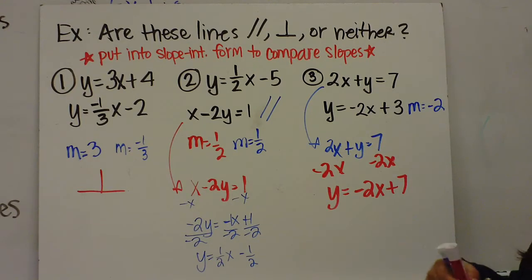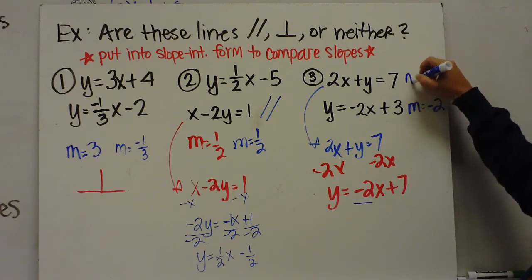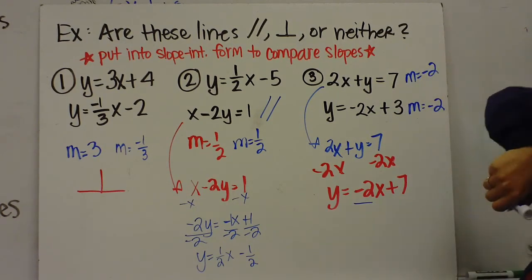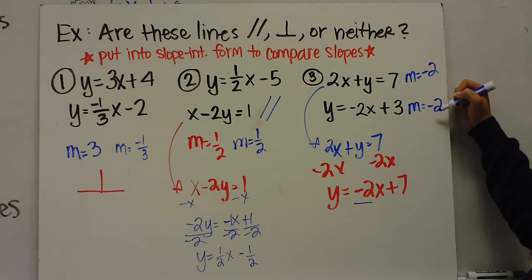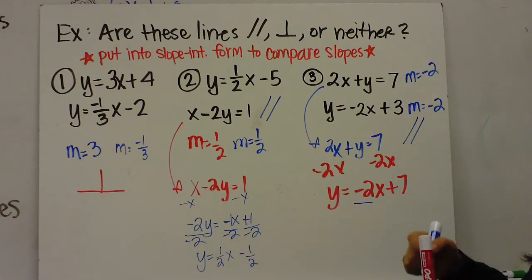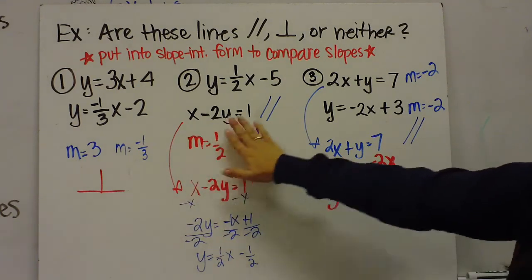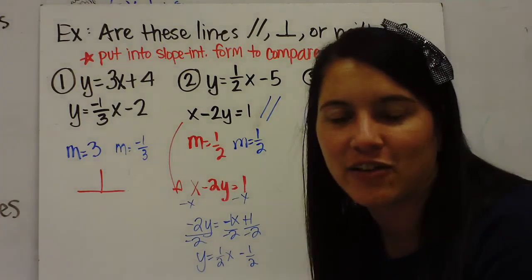Now it's in slope-intercept form, and I can see that the slope is -2. So now that I can see my slope is -2, that means that these are going to be parallel lines. So perpendicular, parallel, and parallel. We are going to practice more with parallel and perpendicular lines in class.